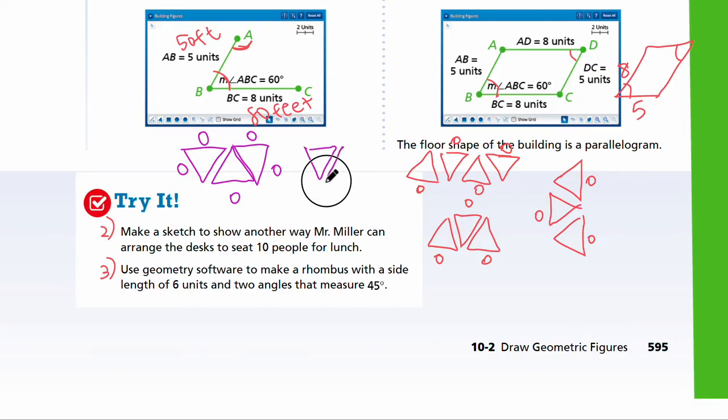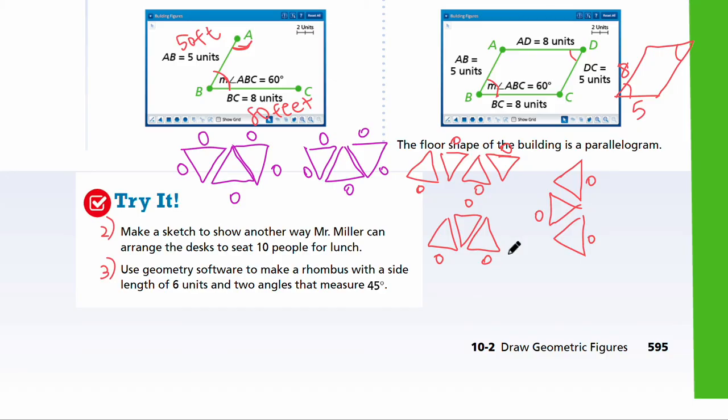Now we could only use 6 tables and of course 10 chairs, but we could just save space like that. So if Mr. Miller's classroom is super small, we could probably use this idea to cluster people together. Or if we want groups that are more spread out, we could use this idea. So yeah, there are many other ways to do this.